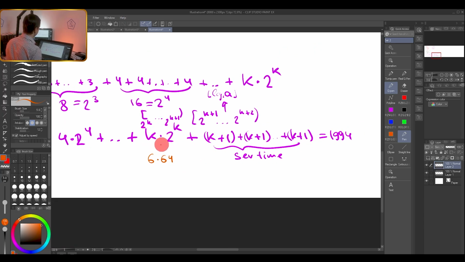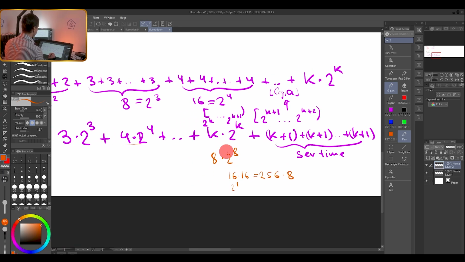I'm just guessing what would be the last number here, and after that we will make an assessment, because the previous numbers are well known for us. So what other numbers work? For example, let's try maybe 8. It will be 8 times 2 to the power of 8. 2 to the power of 8 is 16 times 16, because 16 is 2 to the power of 4, right? So it will be 256 times 8, and it already looks promising.